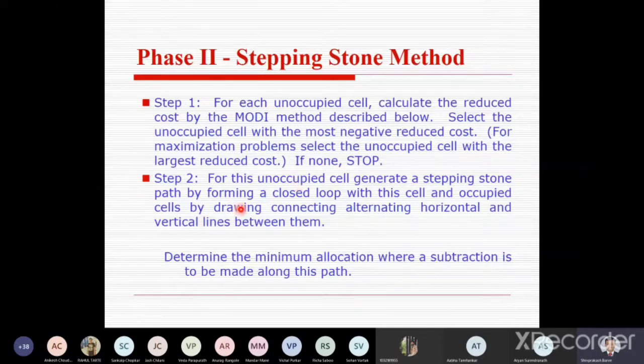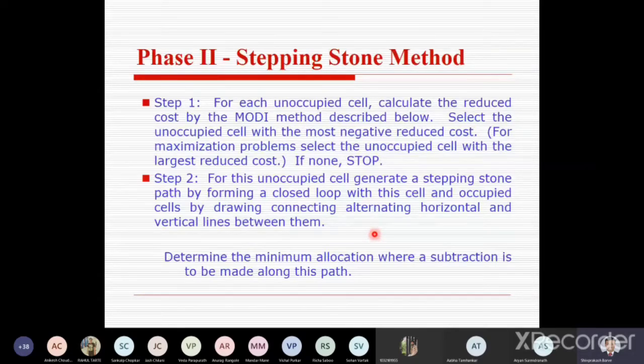For unoccupied cells, generate the stepping stone path by forming a closed loop with this cell and occupied cells, drawing connecting alternating horizontal and vertical lines. I will explain this point in the numerical.